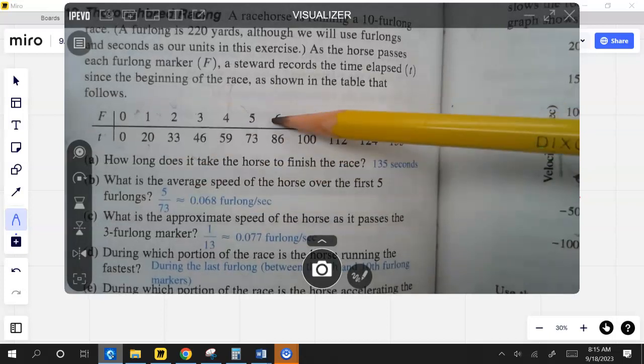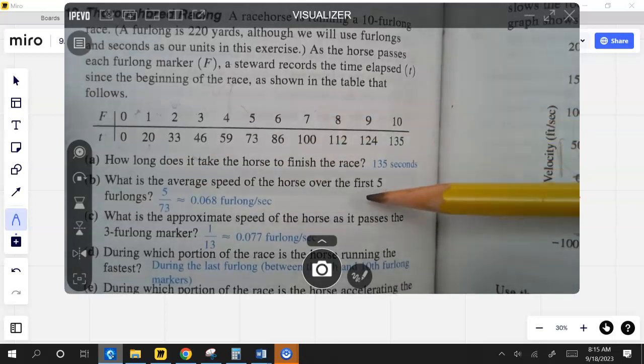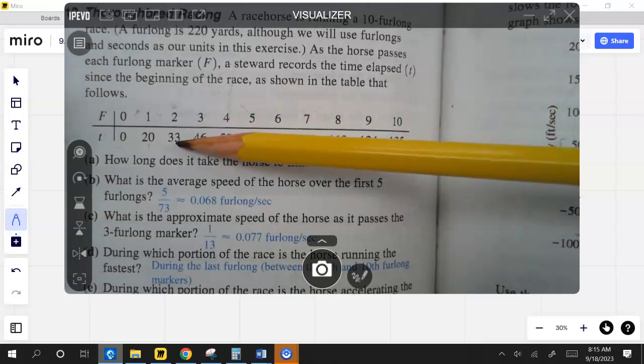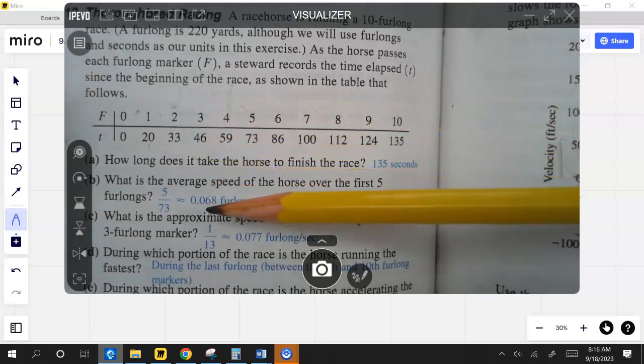So if I look at these being equidistant apart, which one does it get there the fastest in just one furlong?